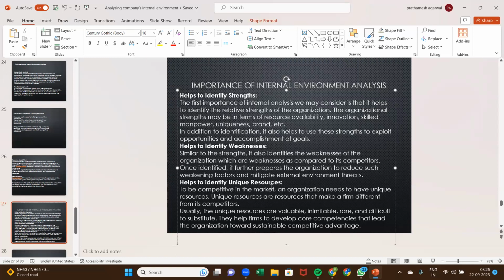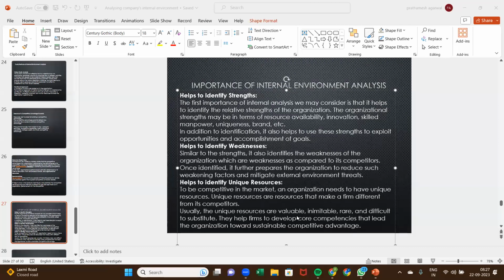It helps to identify unique resources. To be in the competitive market, an organization needs to have unique resources. Meaning what? A resource in such a way that it makes us different from the competitors. Can you give an example of a unique resource we have?